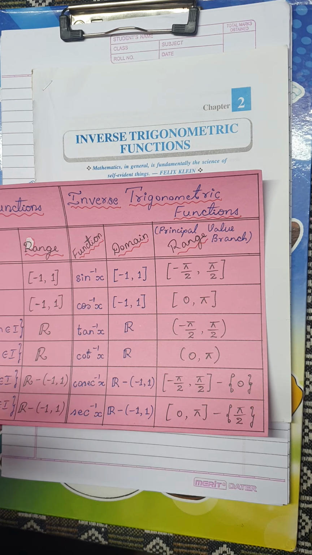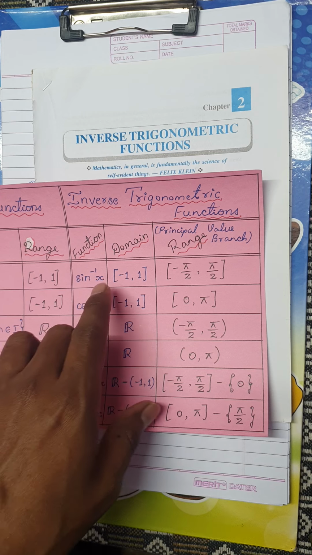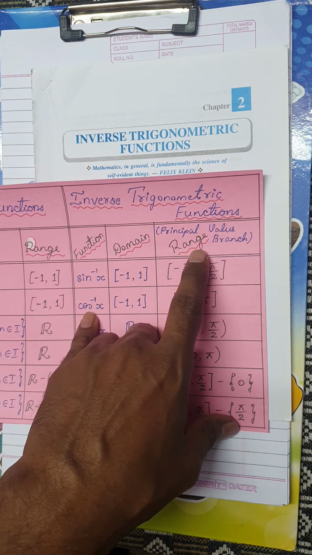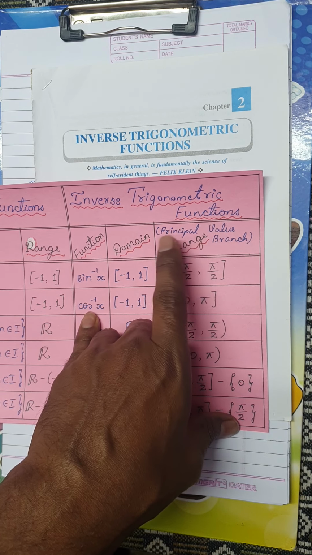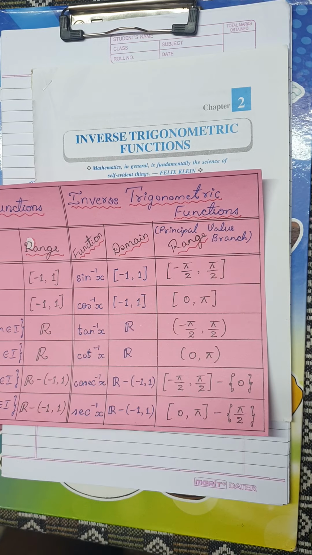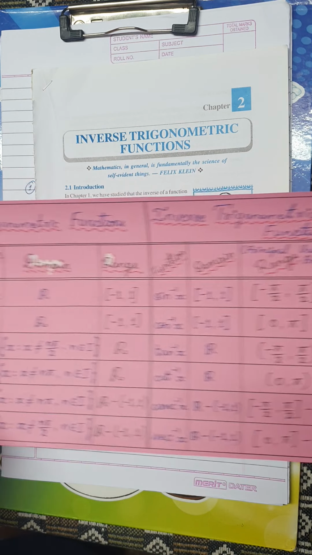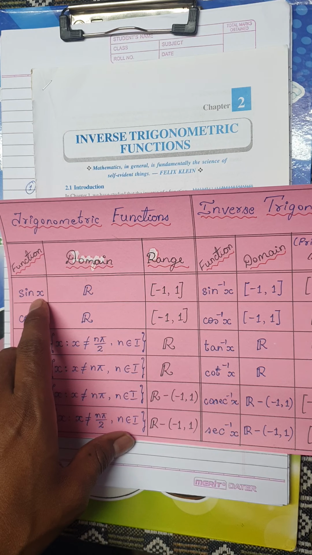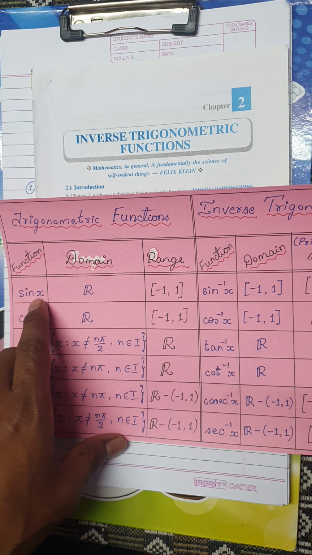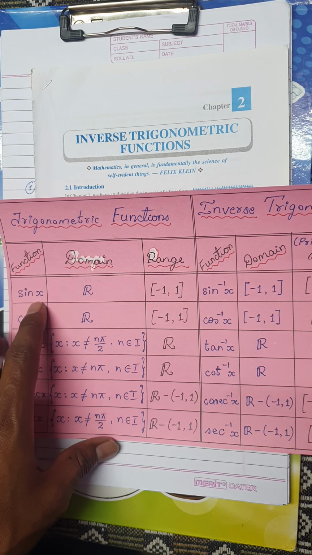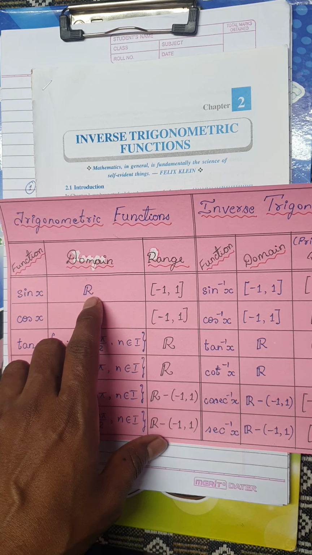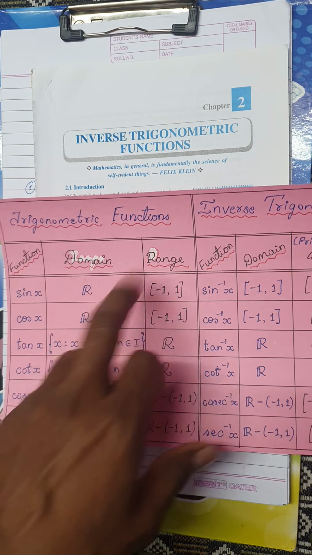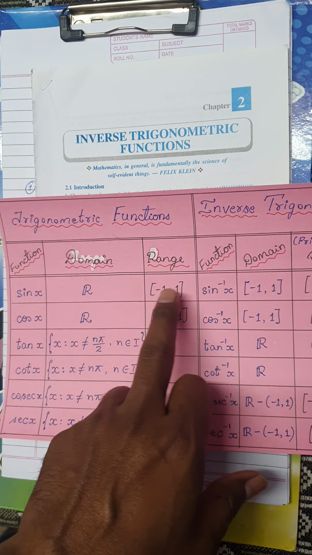So I repeat once, we define something called the principal value branch in inverse trigonometric functions. Now if I take the function sine x, the domain of sine is the set of real numbers and the range is -1 to 1.